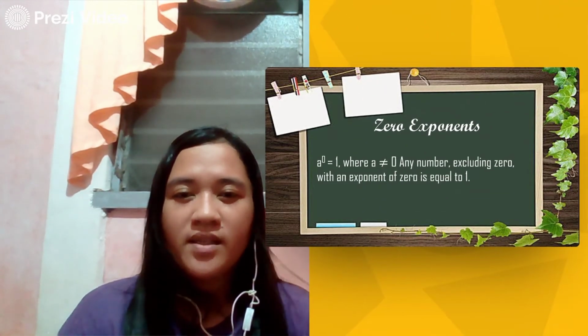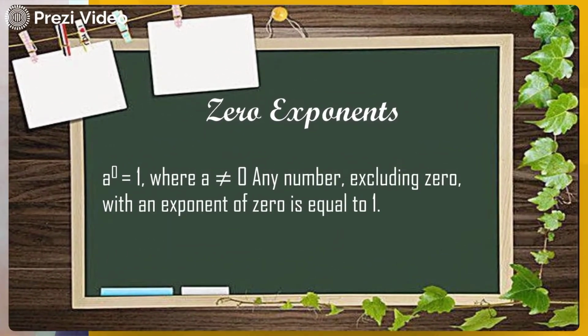Zero exponent. When we say zero exponent, a raised to 0 is equal to 1, where a is not equal to 0.